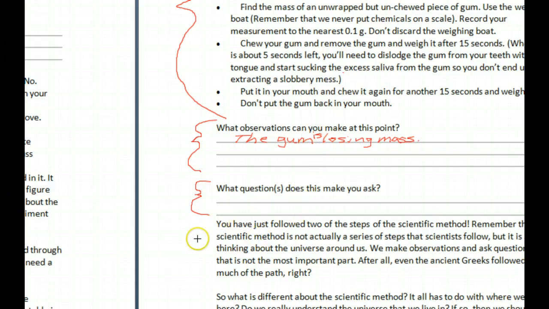What questions does this make you ask? Probably you're asking the same questions that I asked. Why? What's going on here? Why is the gum losing mass? And of course, you might be asking, where is that mass going?